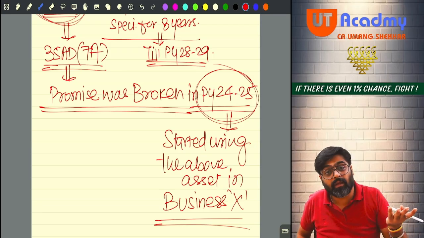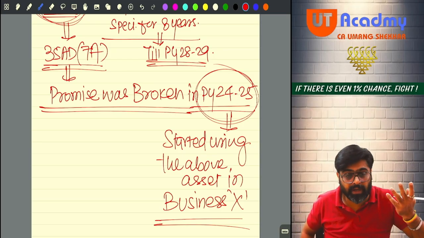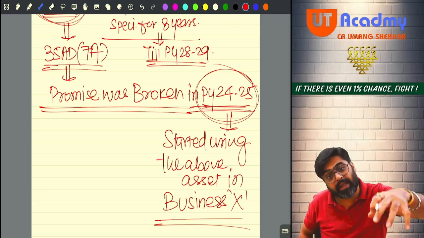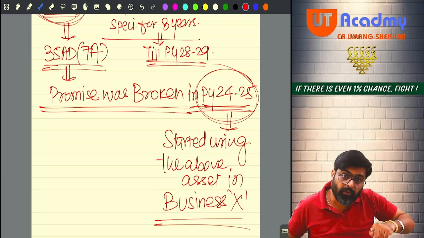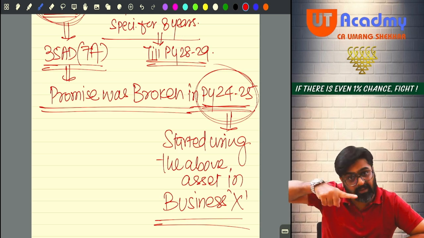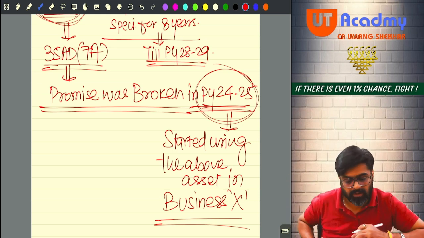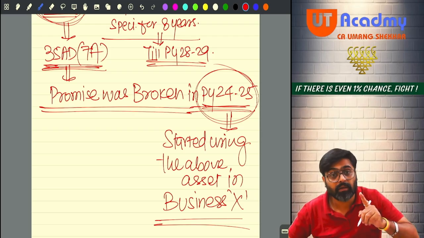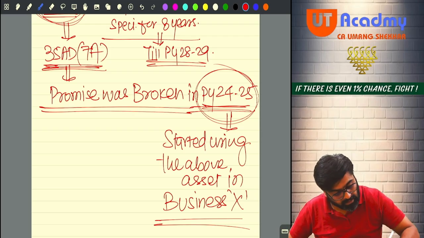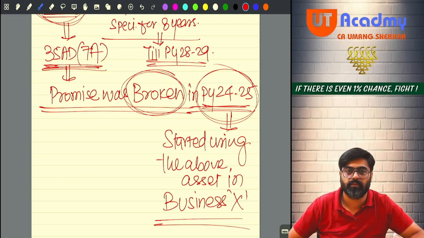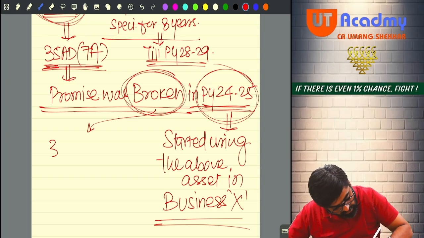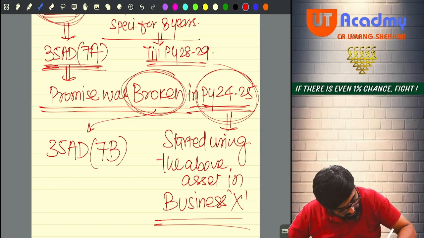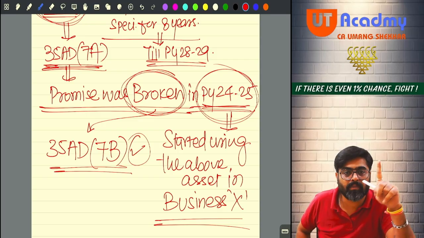But in 24-25, you have taken this asset out of specified business A. Now you have started using that asset in another business, business X. Means the promise which you made under 35AD 7A is now broken. If you do this, the promise is broken. Broken means now 35AD subsection 7B will be applicable on you. B for breaking the promise.